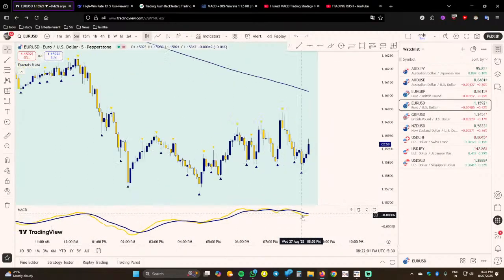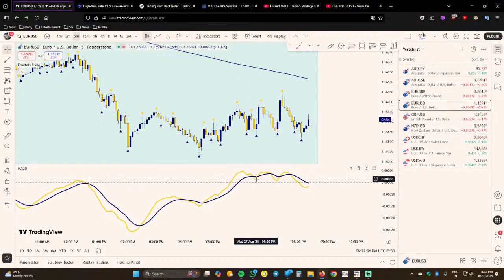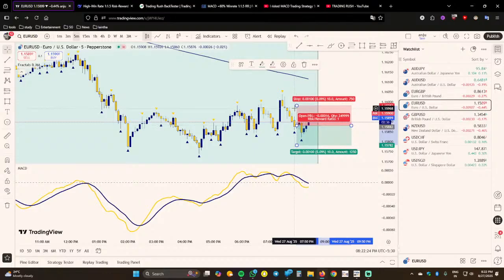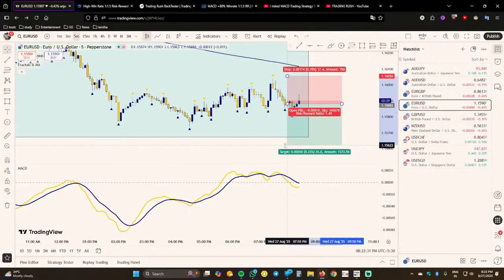We got a signal here, but that signal was not good. It was bad. It made a loss. This one might be running, so we would have entered somewhere here on this candle. A stop loss would be here, risking 1 to 1.5. Yeah, so this trade would still be running.